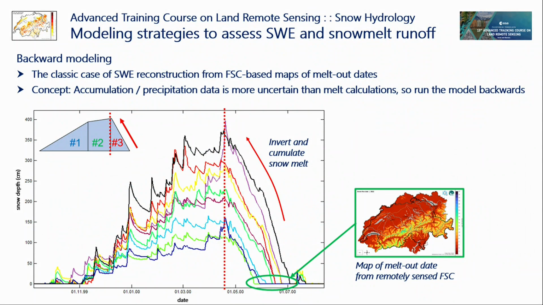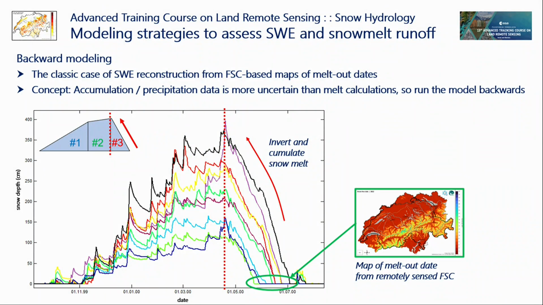Okay, backward modeling, just to give you a little bit of background about a very classical case where you can apply remote sensing data one-to-one. That's a case that, I think, saw first applications in 2006 or 7, if I recall correctly.